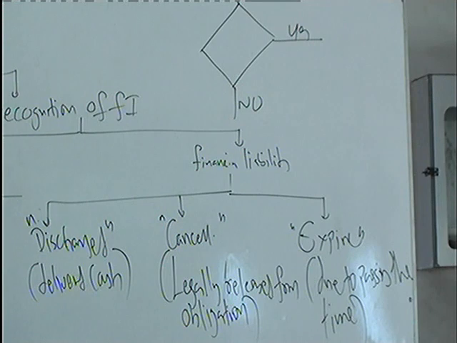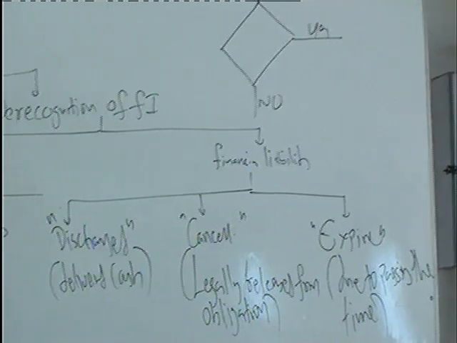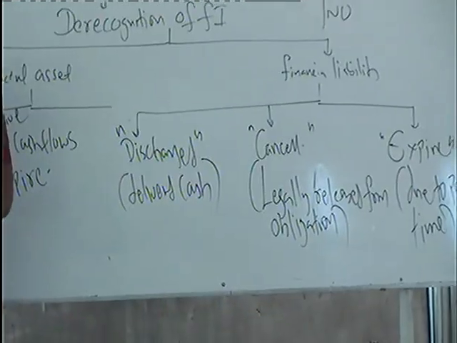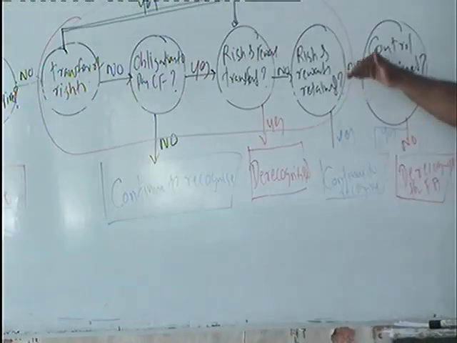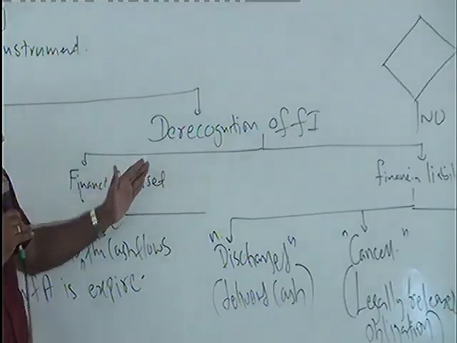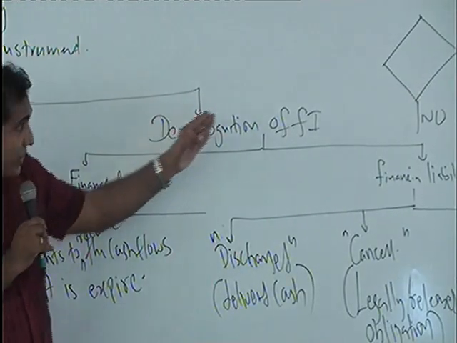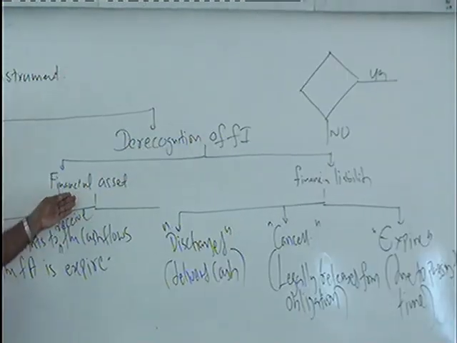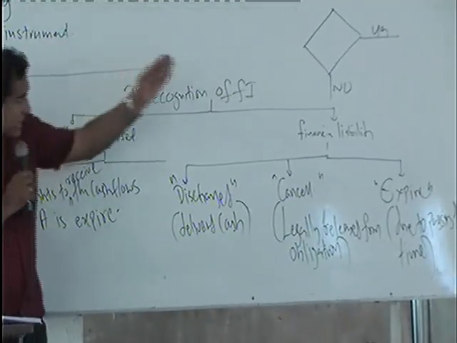Okay, complete this summary. So this part is completed. Recognition, initial recognition of financial instrument. On this side we discussed derecognition of financial instrument. We divided into two, financial asset and financial liability.